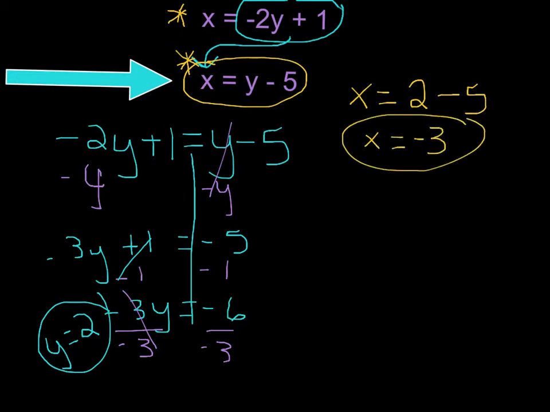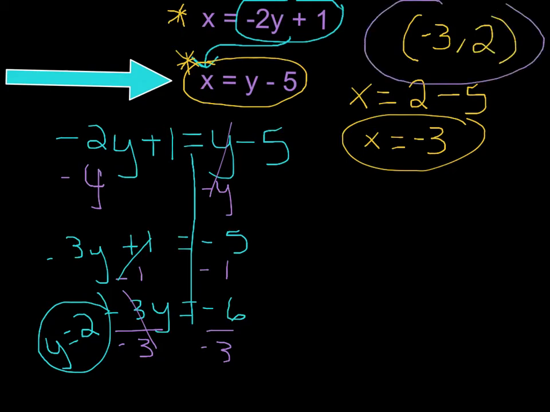So after you get x and y, in this case our x is negative 3 and y is 2, remember, you can always check your solutions. You could either go back and graph these two equations and check if they intersect at the point (negative 3, 2), or you can plug them in.